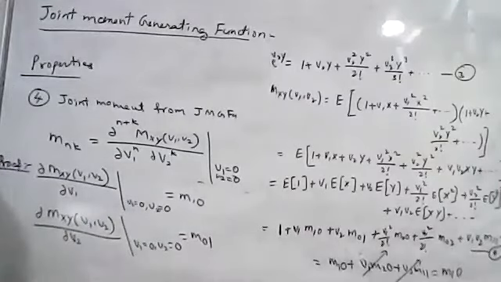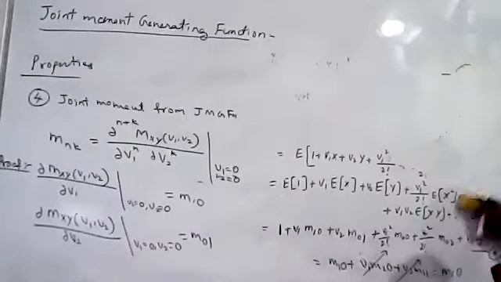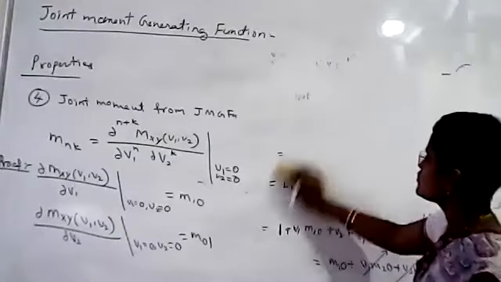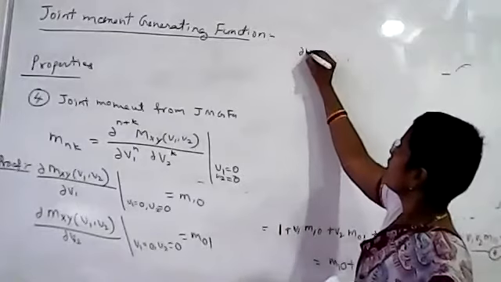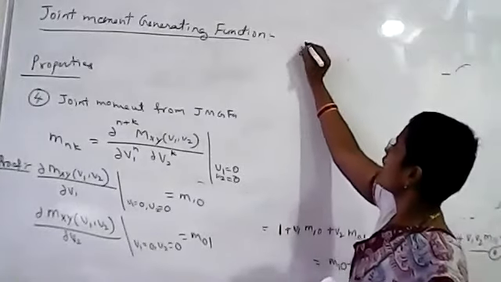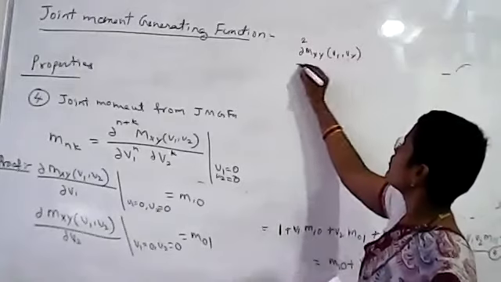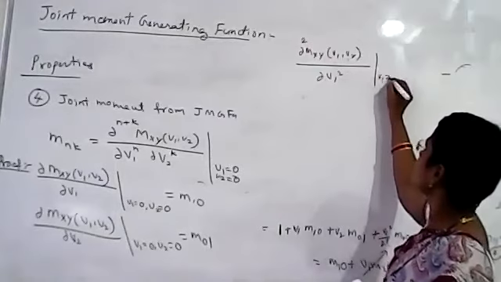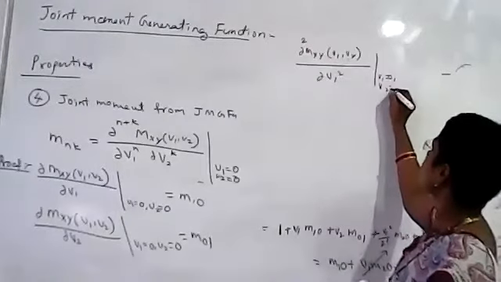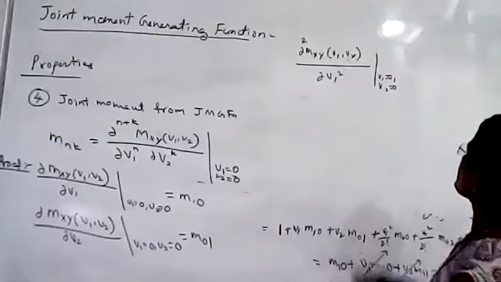Similarly, if you do partial differentiation two times with respect to v1, that is dou square mxy of v1 comma v2 by dou v1 square, and substitute v1 is equal to 0, v2 is also equal to 0, we get m20.